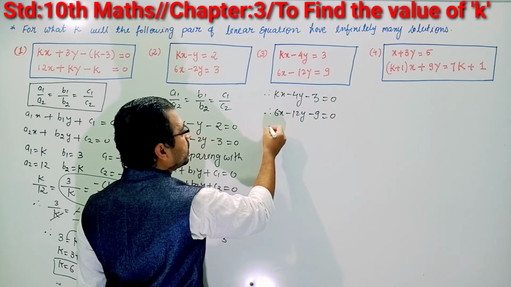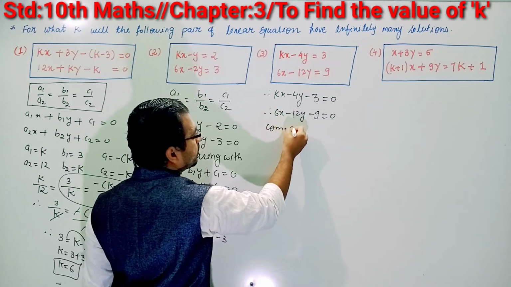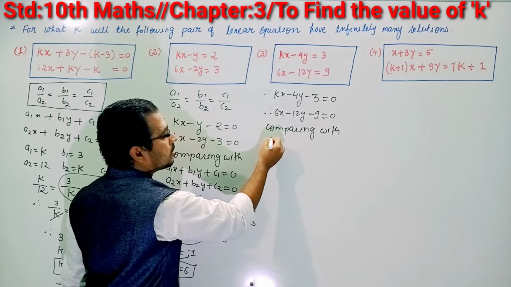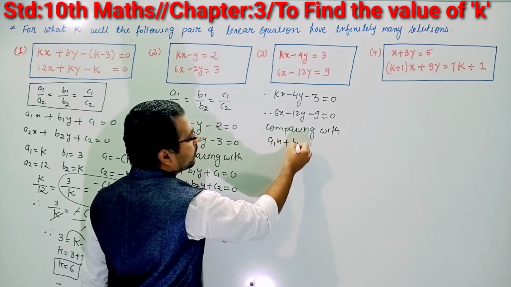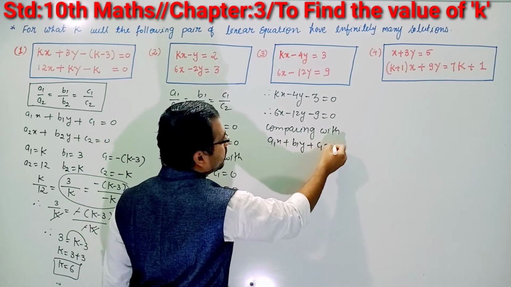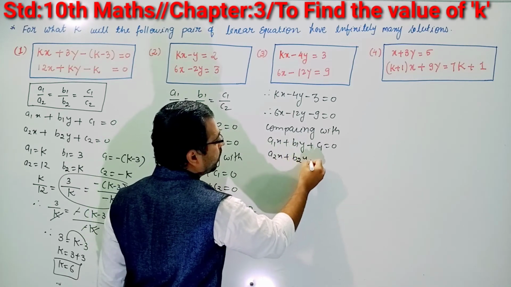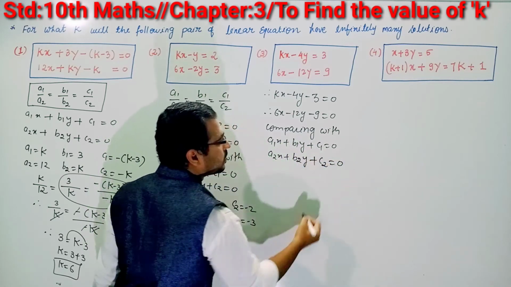So you can compare with a1x plus b1y plus c1 is equal to 0 and a2x plus b2y plus c2 is equal to 0.